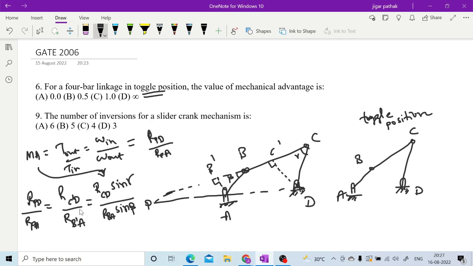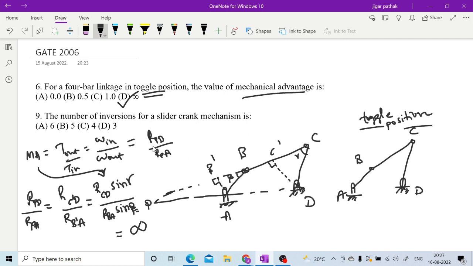And as you can see here, what is happening is this particular beta is becoming 0 or 180, you can say, in the toggle position. So if this beta is going to become 0 or 180, then we will have again the answer as infinity. So here also your answer infinity is correct for this mechanical advantage.